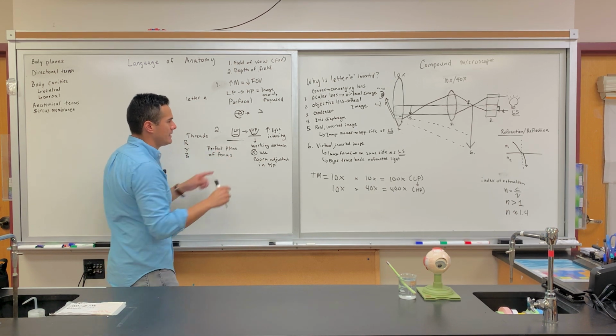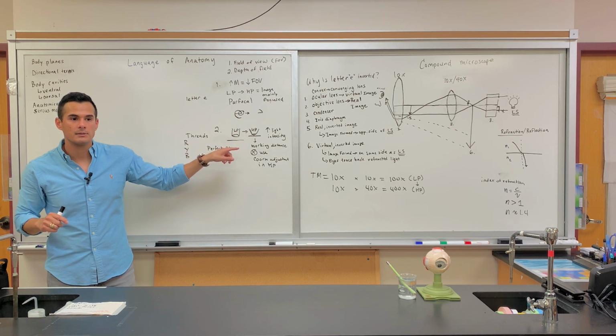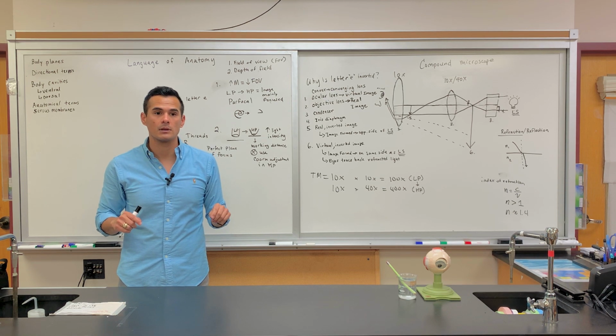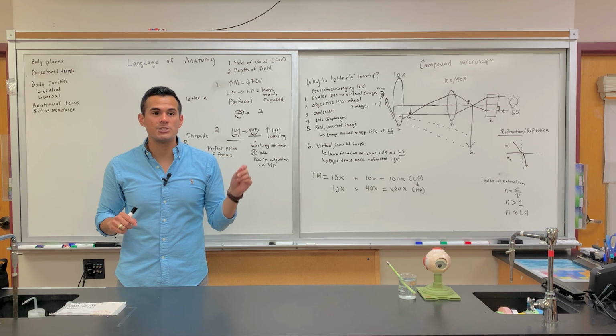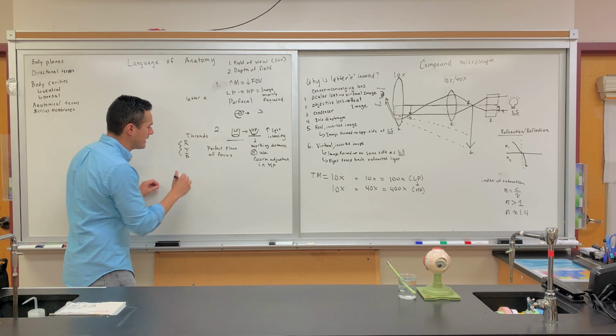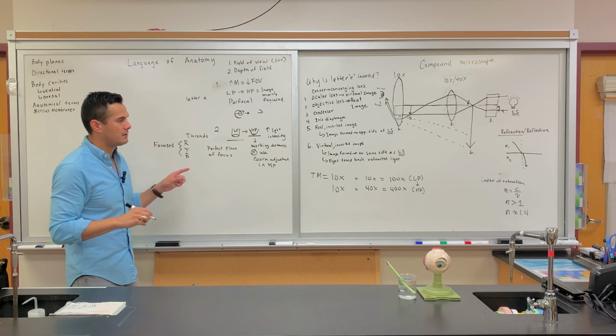So if you look at the image in low power, if you have the threads, go ahead and look at that now. What you'll notice is that all 3 of these, the red, yellow, and the blue, are all focused.